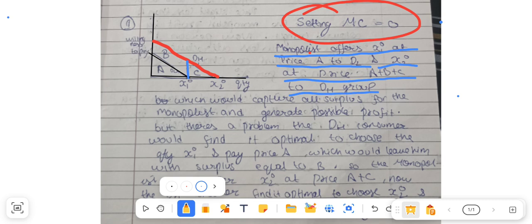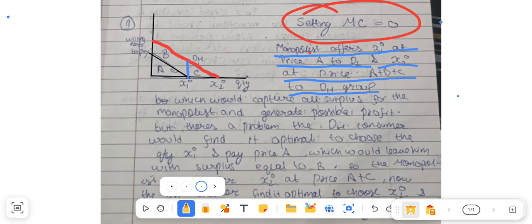Since the demand curve of the low demand group is this, it means they are demanding quantity x1. The demand curve for the high demand group is this, meaning they are demanding quantity x2.